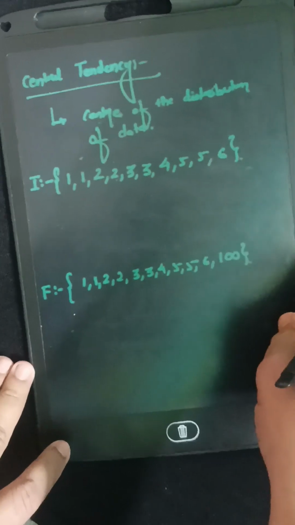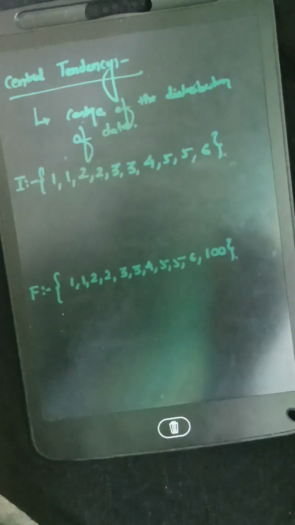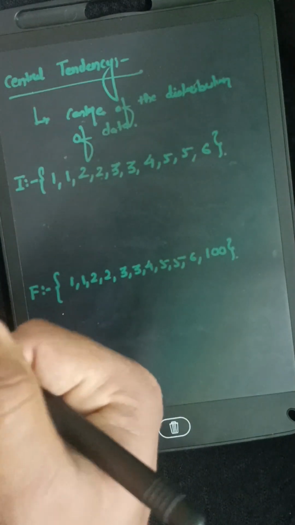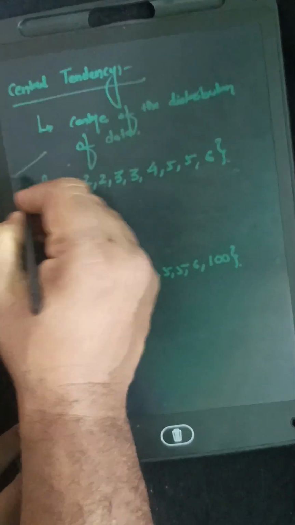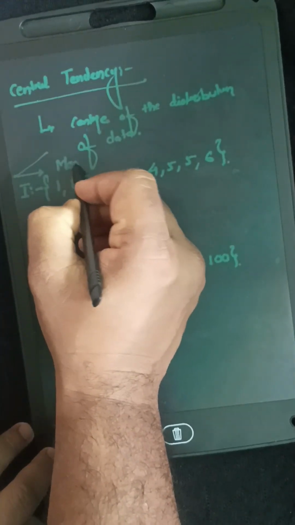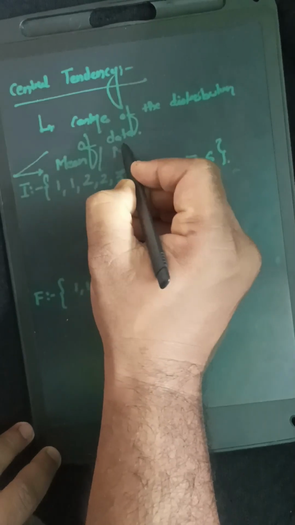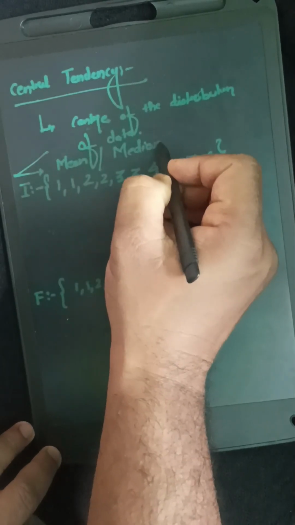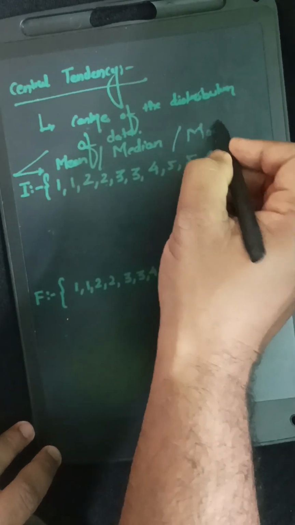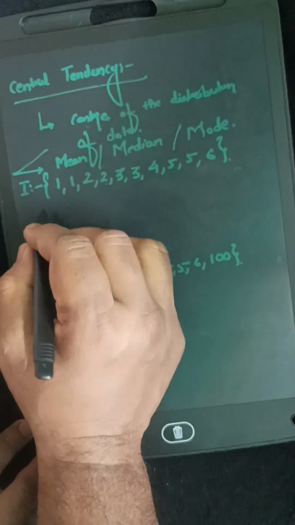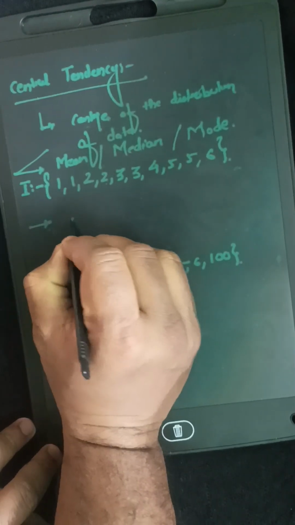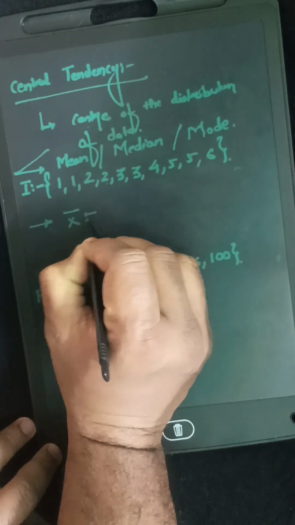Now we are supposed to find something. What are we supposed to find? For central tendency we mainly refer to mean, median and mode.